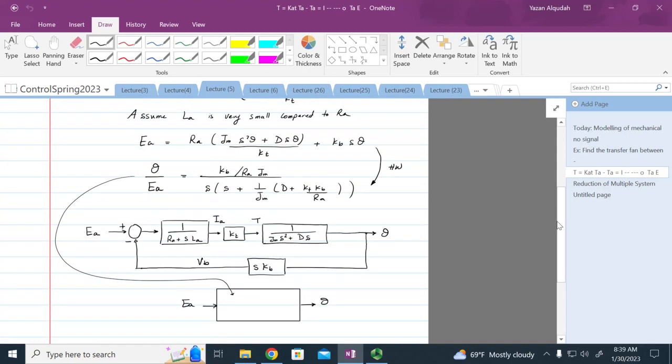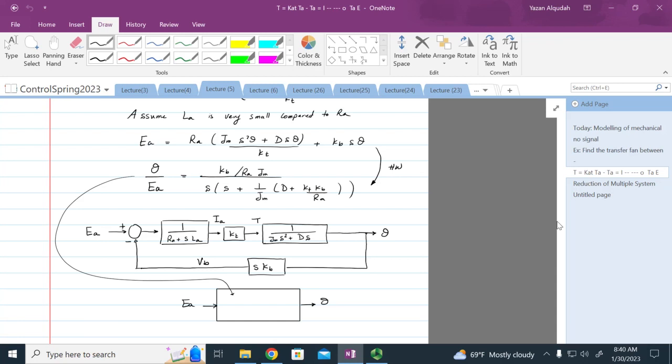There we go. What did these blocks represent? Do you remember seeing this? What is this block, this block, this block? We model the system and we come up with these transfer functions. Make sense?